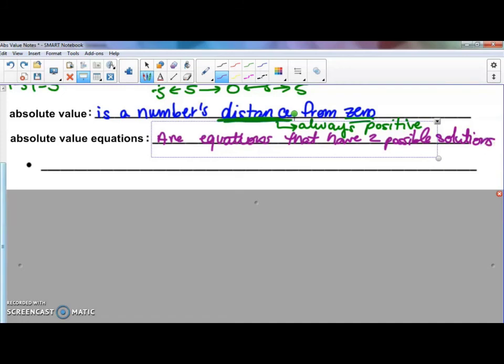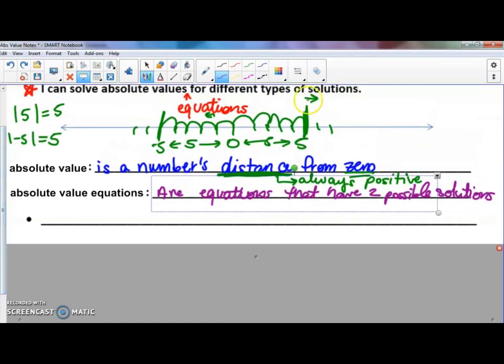And the reason why is that the number line goes two directions. It goes right and left. So our equations have two possible solutions because we can get one that would be, for example, to the right of 0 for that value, and we can also get one that would be to the left of 0 for that value. So that's why we end up with 2.